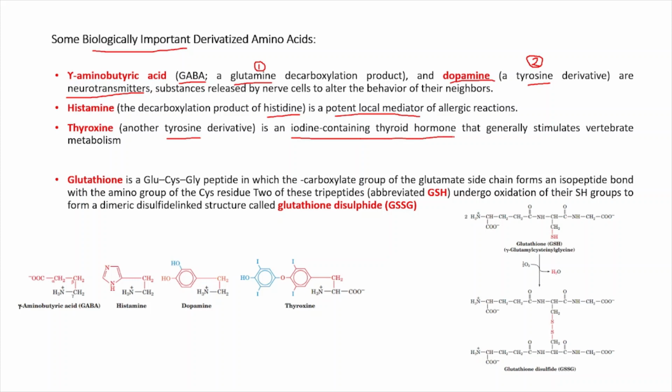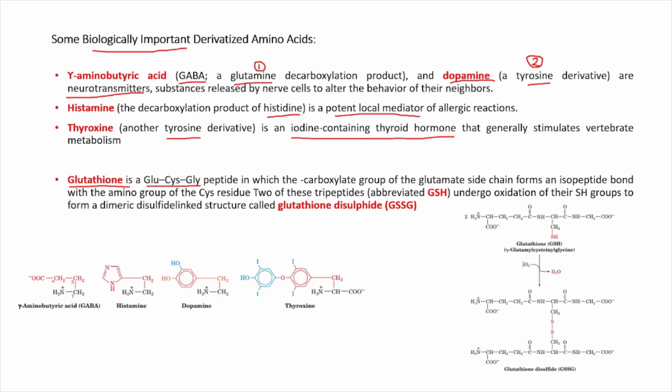It is a very important thyroid hormone. Another one we have is glutathione, which is a tripeptide of 3 amino acids: glutamine, cysteine, and glycine. These 3 amino acids join together to form glutathione.